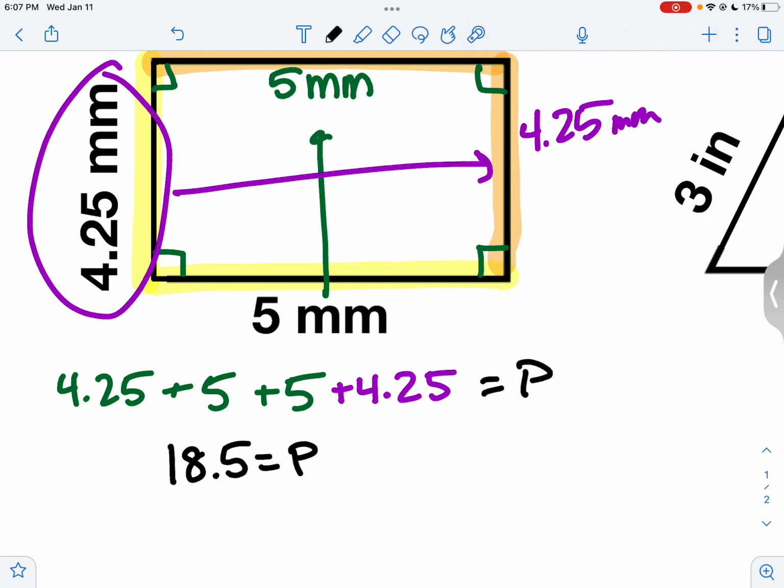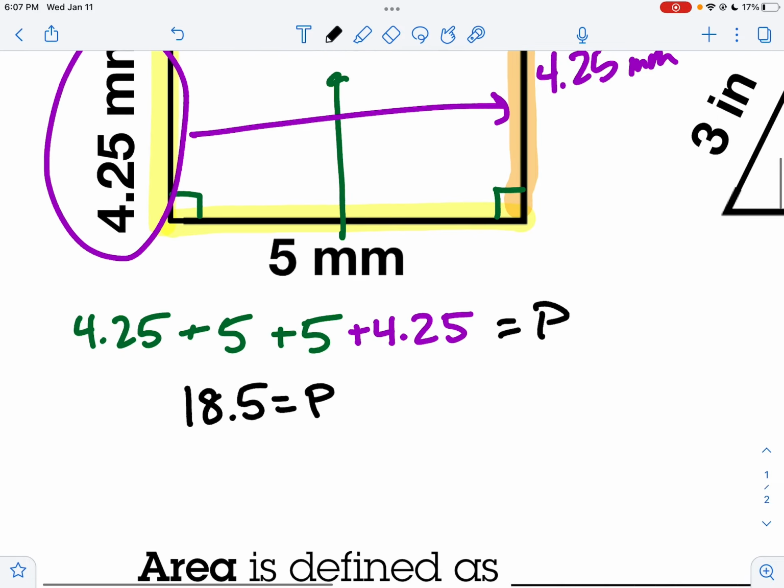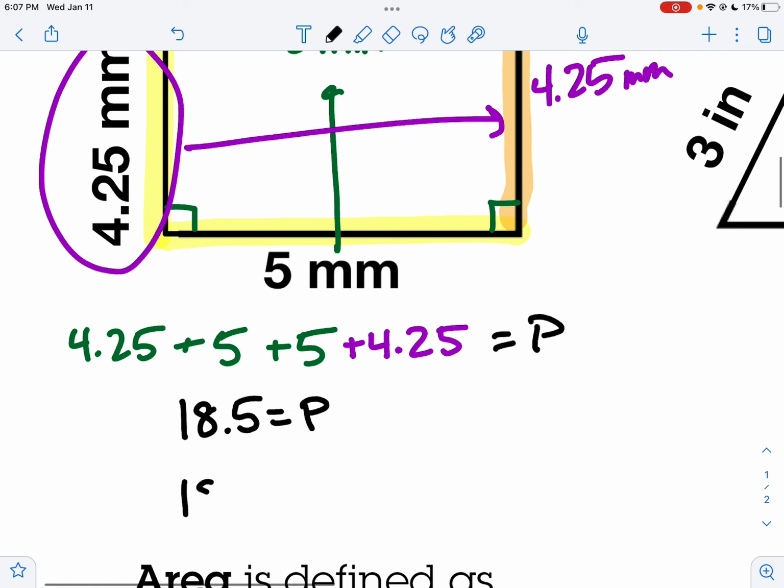When you report your answer on this assignment specifically, I need you to type in 18.5 and then add your millimeters unit. So we are reporting units with our perimeter, and then we're going to talk about area here in a minute, and I need you to remember which units go with which. So perimeter is a linear unit.